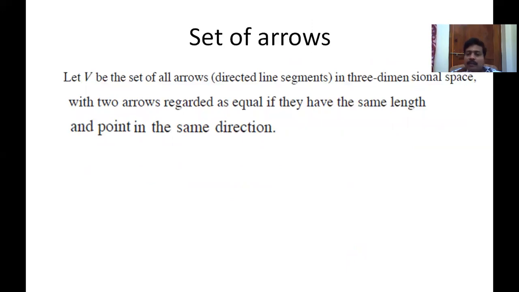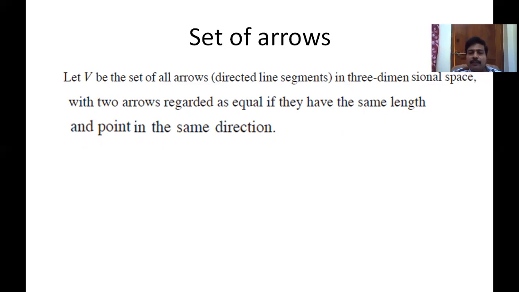And let us go through one more example, the set of arrows. This is used in most of the physics courses. Let E be the set of all arrows. Arrows are nothing but directed line segments.